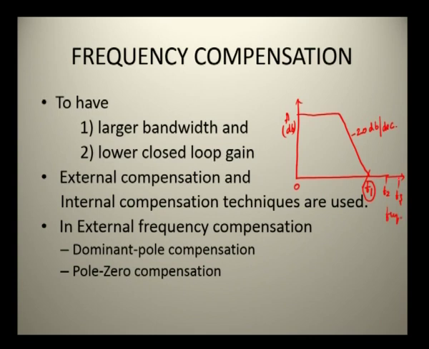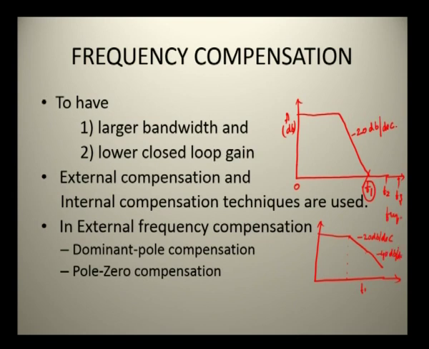If there is no compensation, then the frequency response will be constant for the lower frequency and it decreases at the rate of minus 20 dB per decade up to F1, and again it decreases at the rate of another minus 20 dB per decade.